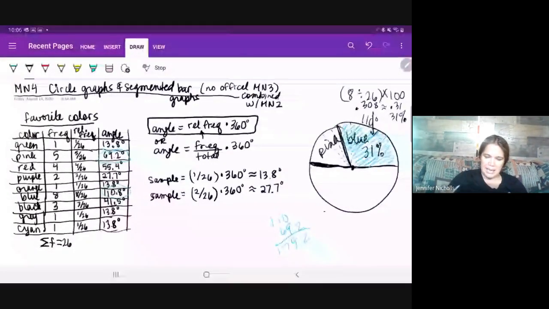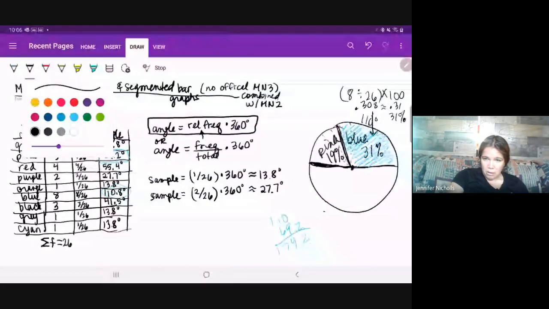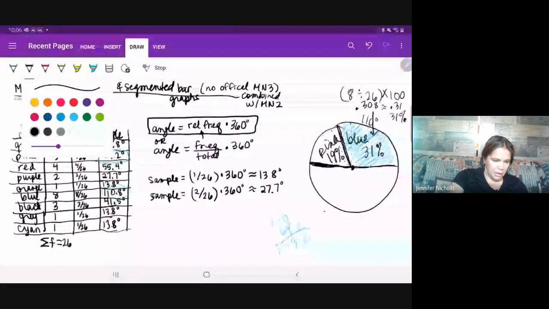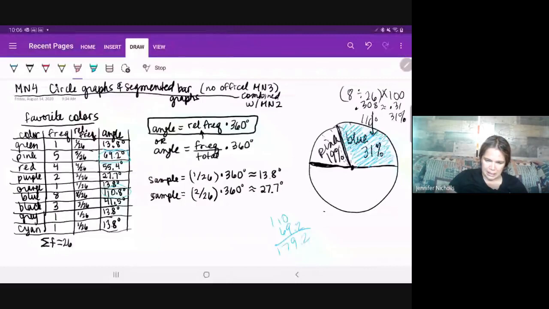So you guys, what percent is pink? 19%? Okay, so how did he figure out that 19%? Yes, exactly. And then they moved it over 2 spaces. How about the highlighter? Is there a pink on the highlighter? Okay, pink. That's so cool.